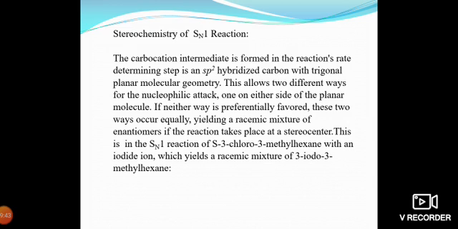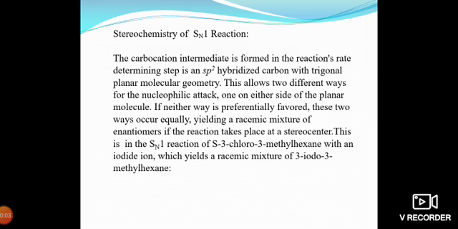Then it allows two different ways for the nucleophile to attack the carbocation. One is front side and another one is back side. Then it yields a racemic mixture of enantiomers.